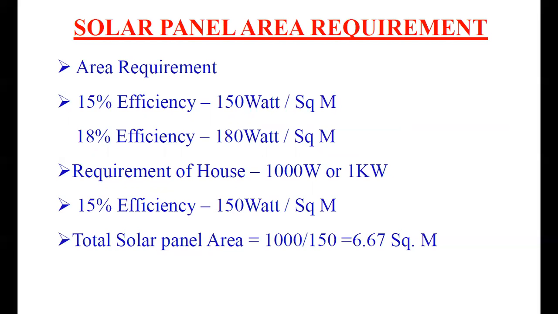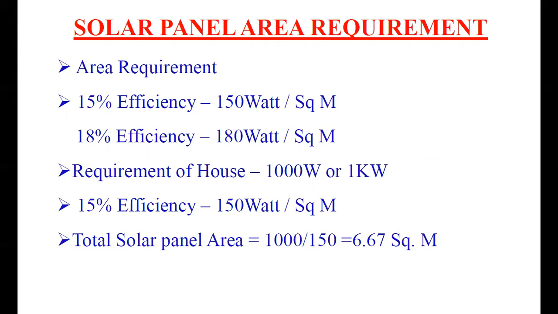That is, for a square meter of area, the maximum power production will be 150 watts. If you are using an 18% efficiency panel, it is 180 watts per square meter, or for a square meter of area, the maximum power production will be 180 watts. This is the simple rule for calculating the solar panel area requirement.